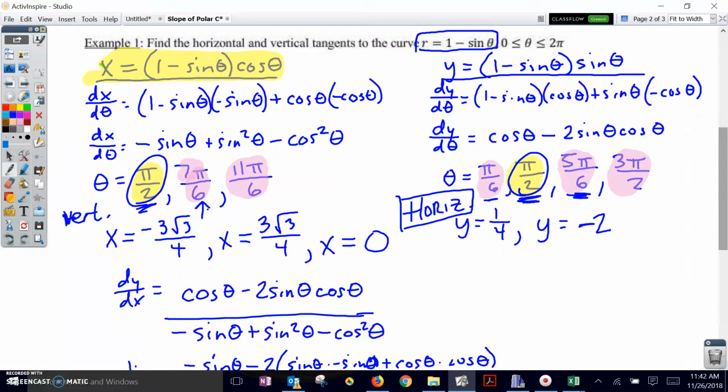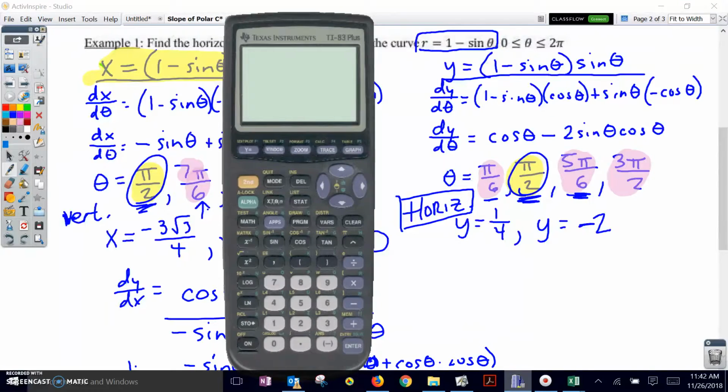If I wanted to, since I have a little bit of extra time that I would not have had otherwise, if I go over to polar mode and look at this curve, we've got the curve 1 minus sine of theta, and we're graphing it from 0 to 2 pi.